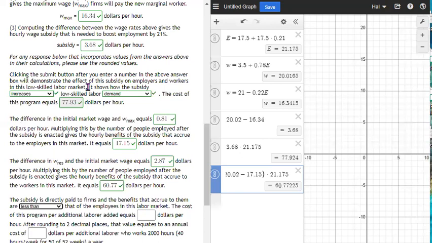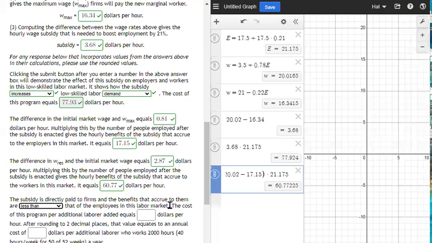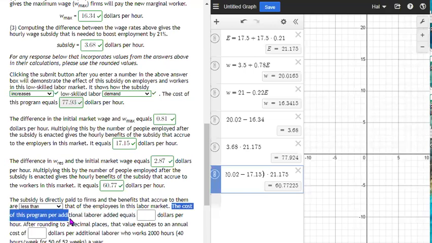The cost of this program per additional worker, per additional laborer added equals what? What do I mean by that? The cost of this program per additional worker added.